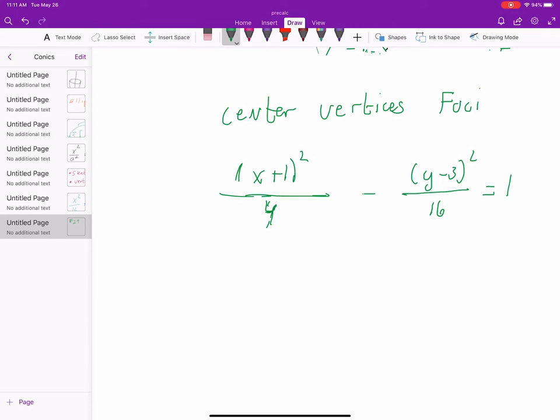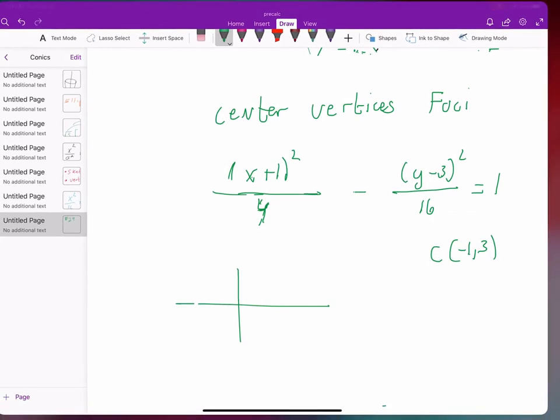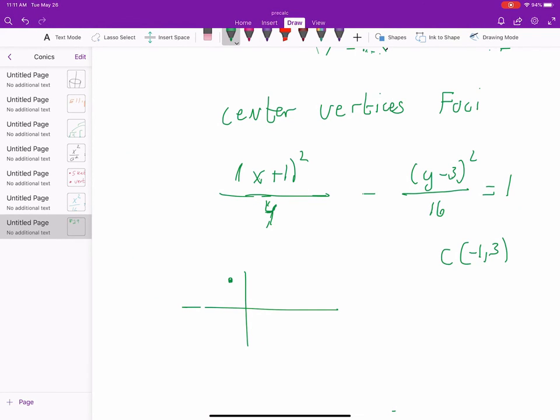All right, so here's what I got. I'm going to draw a center first because I'm going to sketch this out. I know that my center point, opposite, so it's going to be -1. Opposite, so it's going to be 3. So I have -1, 3. There's my center right there. Vertices. Well, remember, hyperbolas only have 2. This hyperbola is opening up side to side because x comes first.